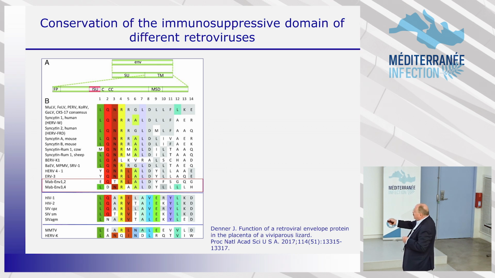You have it in the syncytin of mice, cow, sheep, and so on. You have it in other endogenous retroviruses of humans, and you even have it, and this was the reason why I published this, in the placenta of a viviparous lizard. And you have it in HIV-1, in mouse tumor virus, and in HERV-K.